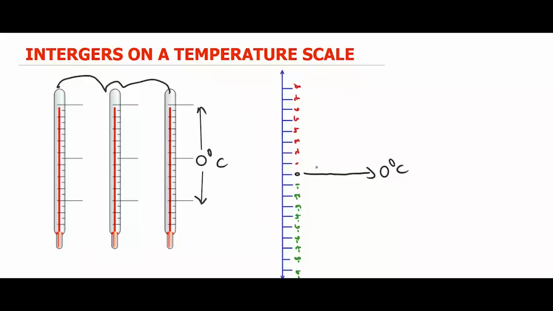Then, if you go up like this, that is, you move from 1 to 2 to 3 to 4, upward like that, that means you are moving towards the positive integers. So it becomes warmer as you move up. 2 degrees Celsius will be warmer than 1 degree, 3 degrees Celsius will be warmer than 2 degrees Celsius, and so on and so forth.